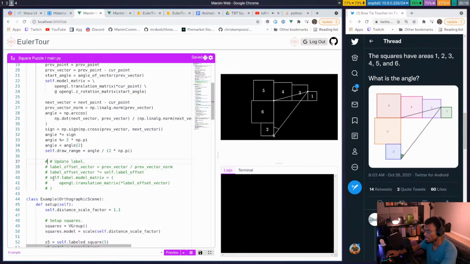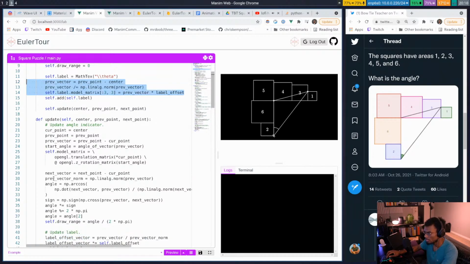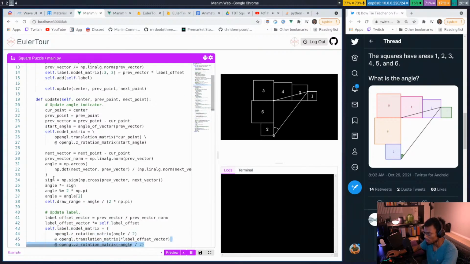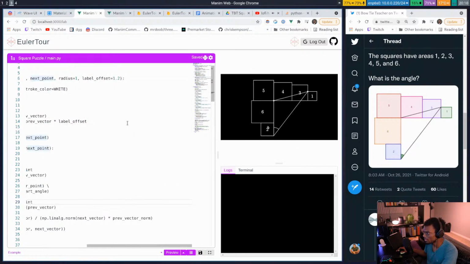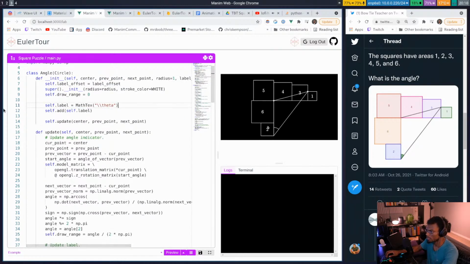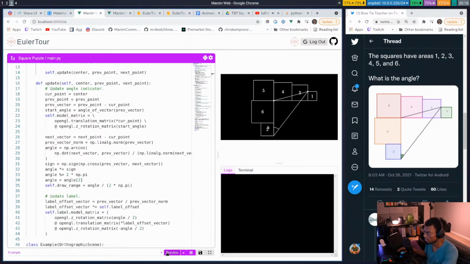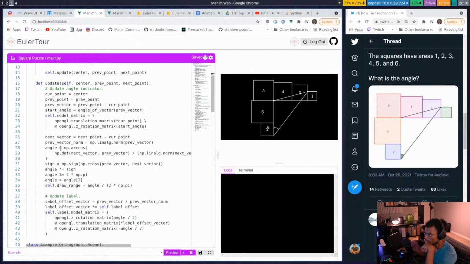Oh, this was working off the assumption that the angle, the slope of the previous vector is 0, which is no longer true. So how do I get that?